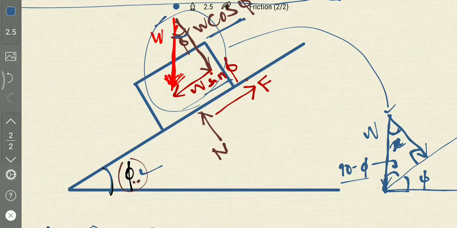We have seen that every body exerts weight on the surface, and every surface exerts a normal reaction on the body, which is perpendicular to the surface. This is the surface, and perpendicular to the surface, in this direction, it exerts normal reaction N.